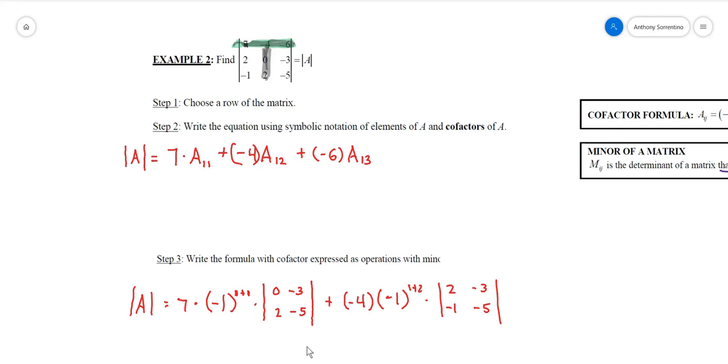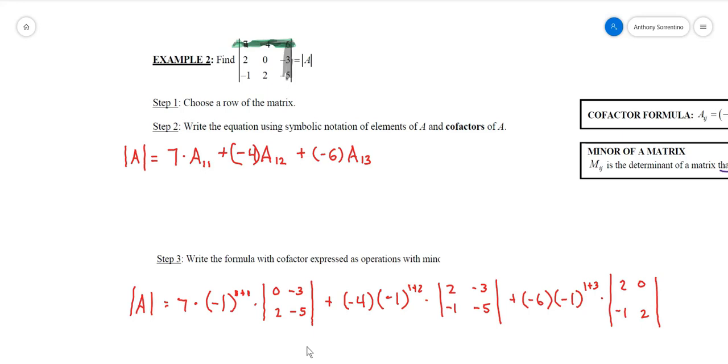And then for the last one, I'm going to have plus negative 6 times negative 1 to the 1 plus 3 power, again row number, column number, times, coming back up here again, still eliminating the first row because I'm going where the negative 6 is, but now I'm going to eliminate the last column, and the minor matrix that's left over after that is 2, 0, negative 1, 2.